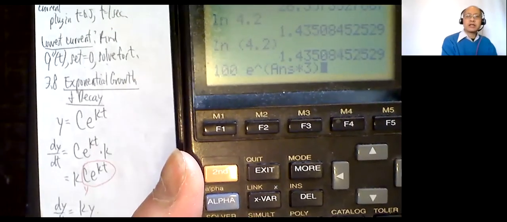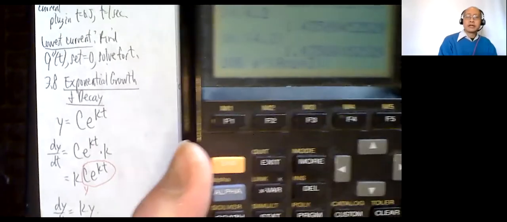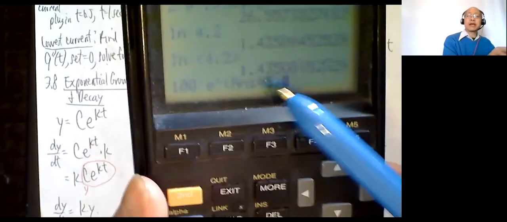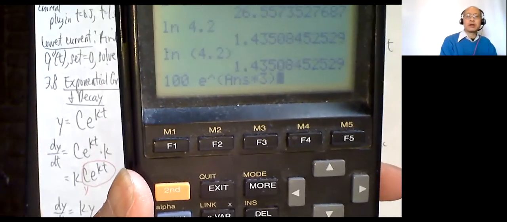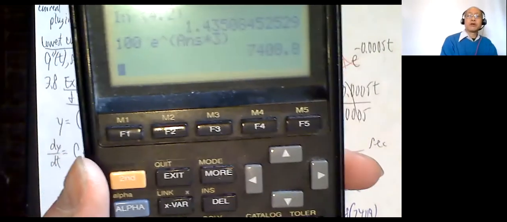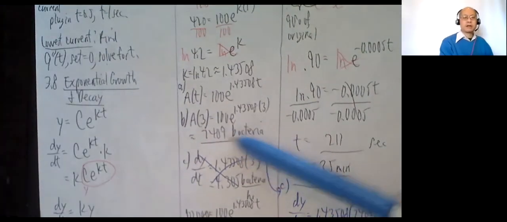Can you see what I did? When I type 100 e to the answer times 3, answer stores the last result that you got. So that answer button is the same thing as if I type 1.43508452529 or whatever. Okay, 7408.8, rounded off to 7409.